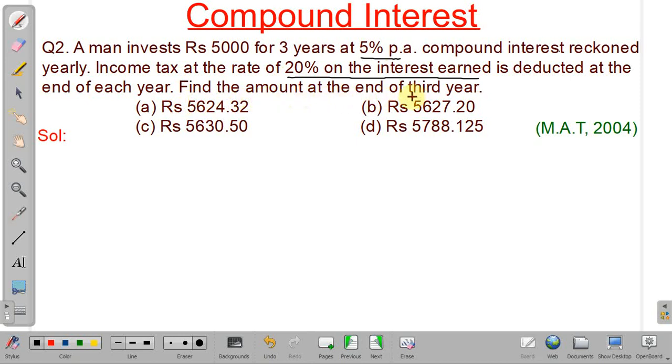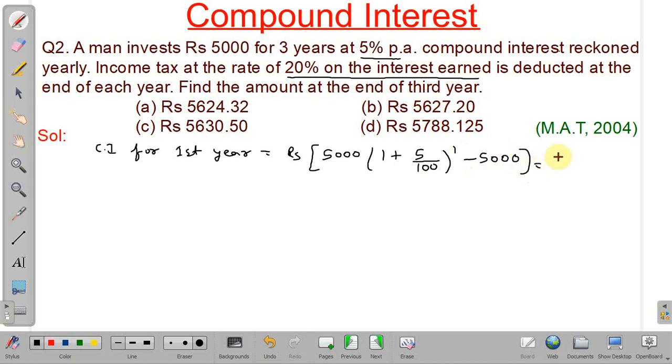Okay, so we cannot apply the formula directly of the amount and take time period as 3 years. We have to calculate for each year. So compound interest for first year, it will be equal to rupees 5,000, this is the principal, into 1 plus the rate is 5%, so 5 by 100 to the power 1 minus 5,000.